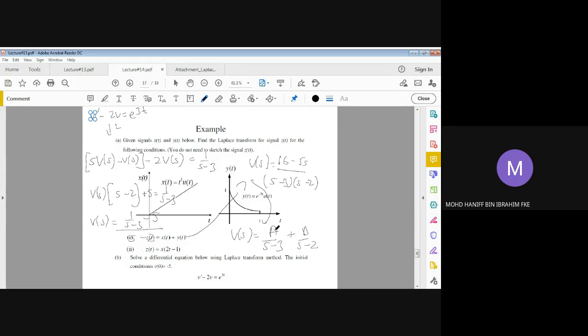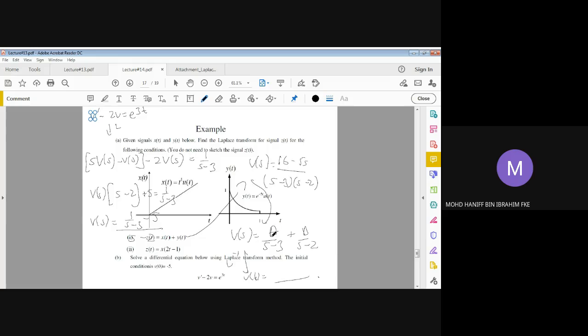You need to find A and B, and subsequently you can do the inverse Laplace to find v(t) accordingly. I leave this for you to solve on your own, because I believe the transformation from these terms to partial fractions is very easy for you. Once you have A and B, you can simply find the inverse Laplace transform for these two terms.